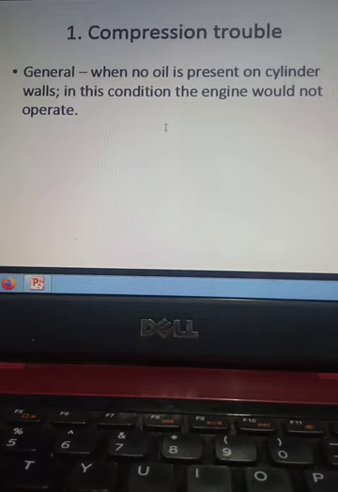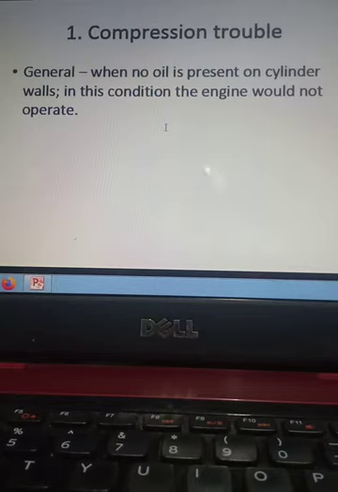So, syempre, oil is for lubrication. So, wala naman siya mag-lubricate. So, dili na mo slide ang imuhang, for example, ang imuhang piston sa imuhang cylinder wall. So, and if that times happen, mo ungot. Okay, dili naman mo slide. So, in that case, ang compression trouble, maura na nga way nga mahimong general.